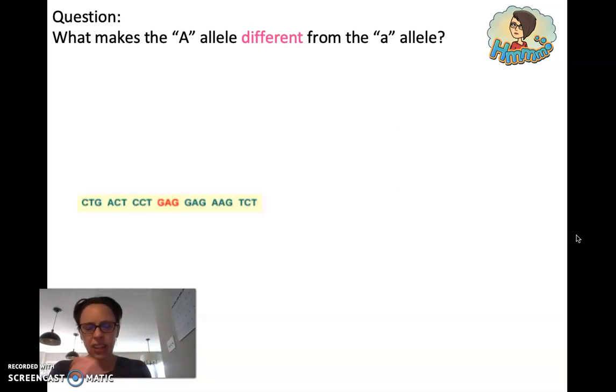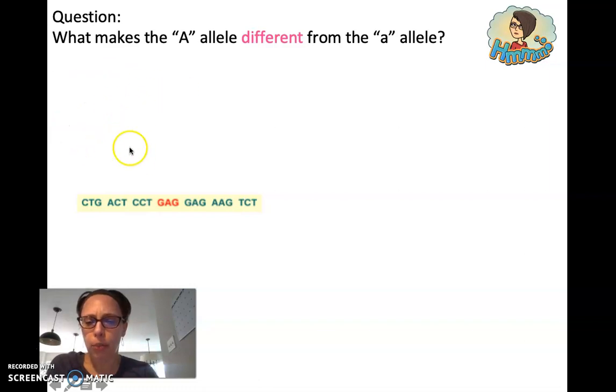So here on the left, you have a sequence of nucleotides, and you can even take your pen and do dot, dot, dot, because this is just a piece of the sequence of nucleotides for hemoglobin. And what we're going to focus on here is this codon right here. This codon is GAG.